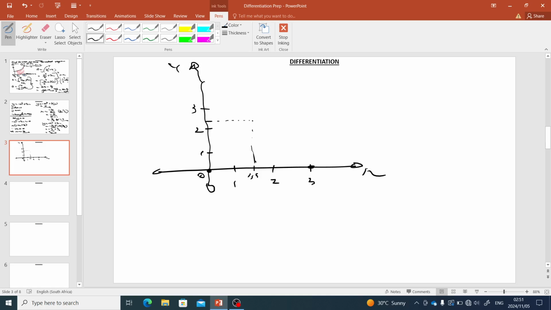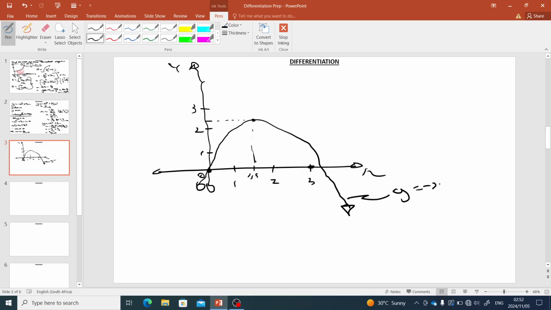Let's make a dot there. That's our turning point. Can we then plot our graph? Yes, we can plot our graph. This is what we have as our graph.